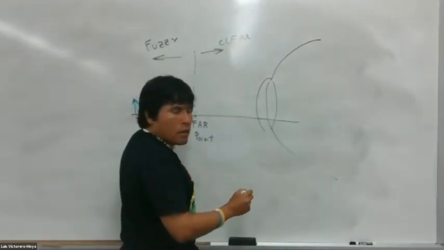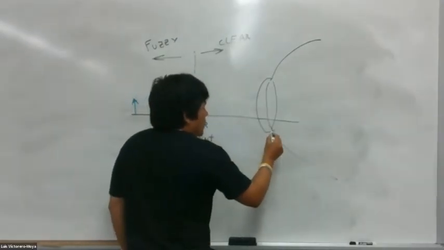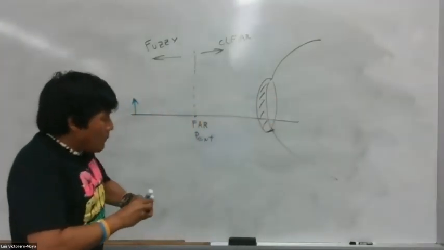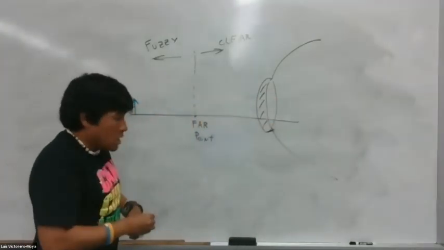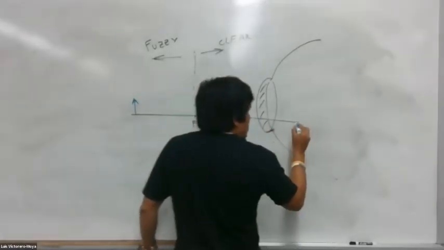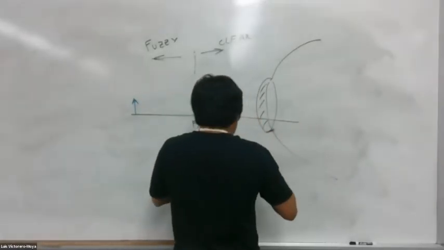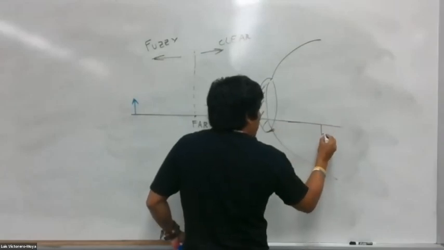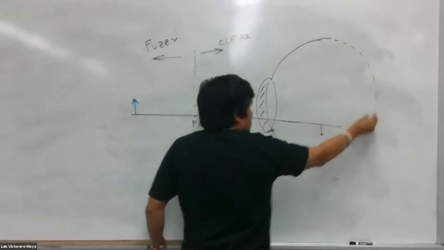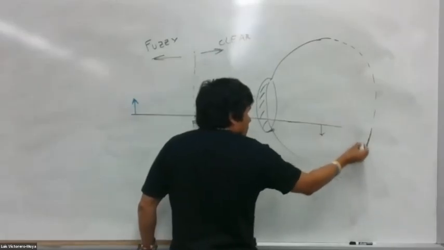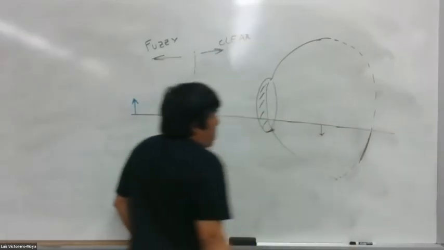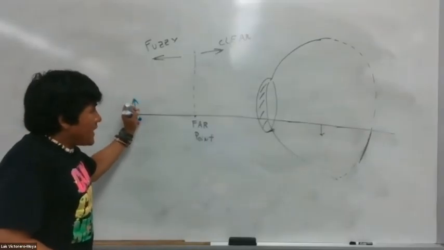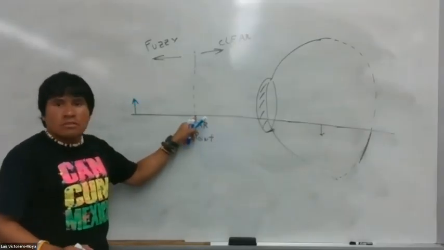What's happening right now is that without a lens, you are projecting the image around here. But your retina is here. It should be here. I need to create an image that is at least here on the far point.